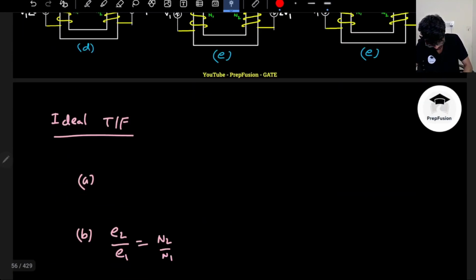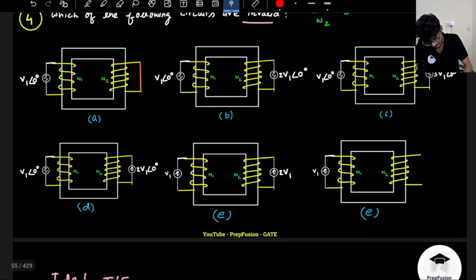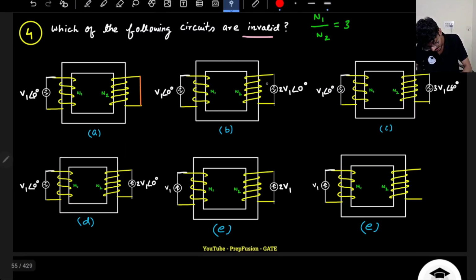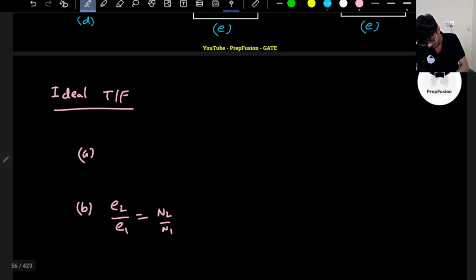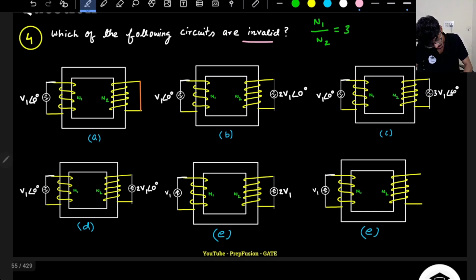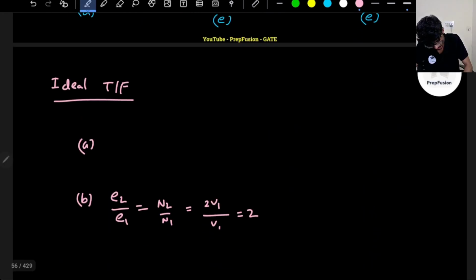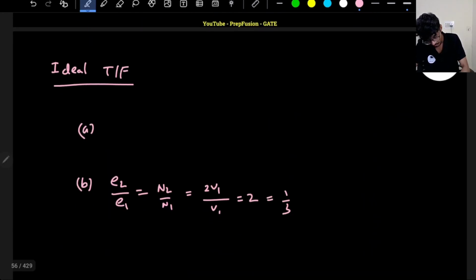But here E2 is 2V1 and E1 is V1, so E2 by E1 is 2V1 by V1, which comes out to be 2. But N2 by N1 is 1 by 3, which is of course not equal. So this circuit is again invalid.